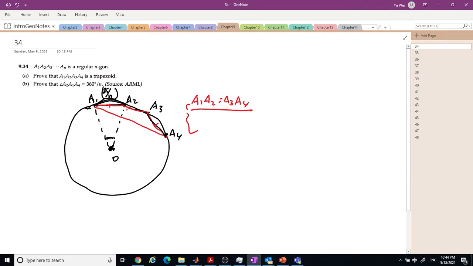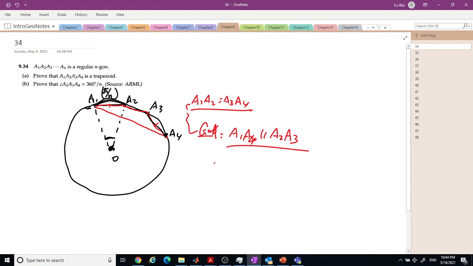Now we want to prove it's a trapezoid, meaning two sides are parallel. So the goal is, if we can prove A1A4 is parallel to A2A3, we are done, right?